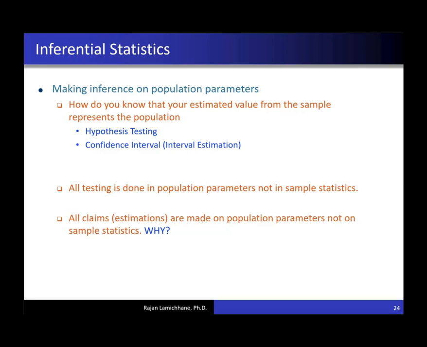There is no way you can reject the null in hypothesis testing and then fail to reject it in the confidence interval. Both of them should give the same outcome. And remember that all claims must be made on the population parameters, not on the sample statistic, because sample statistics are already known and it's not wise to estimate something that's already known.